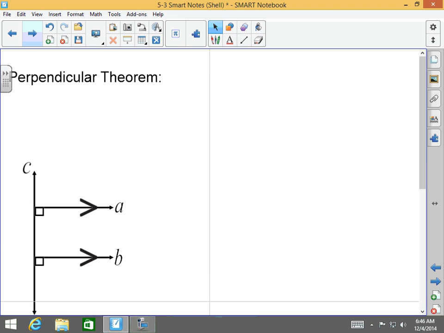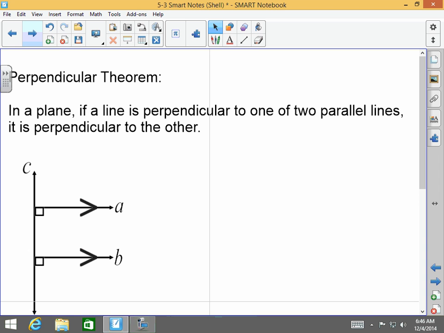Perpendicular theorem. The perpendicular theorem states that in a plane, if a line is perpendicular to one of two parallel lines, it is perpendicular to the other.